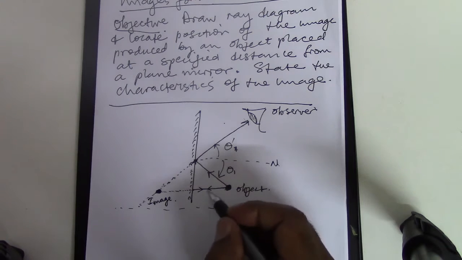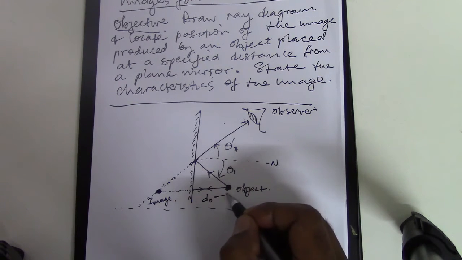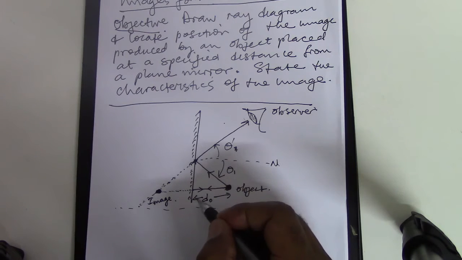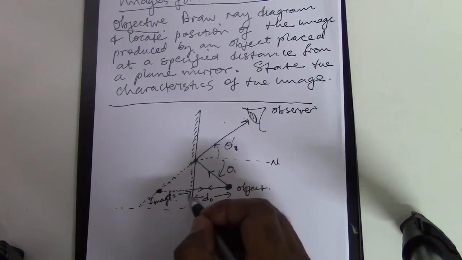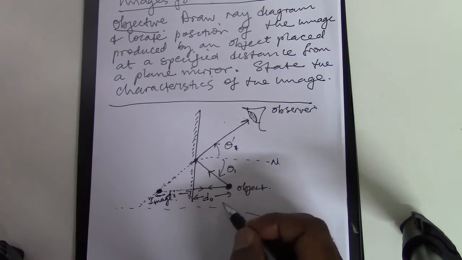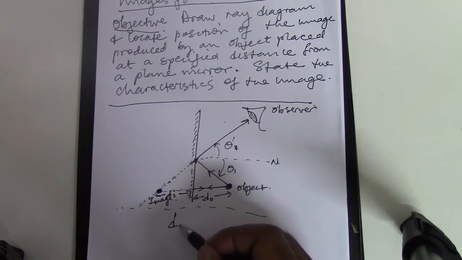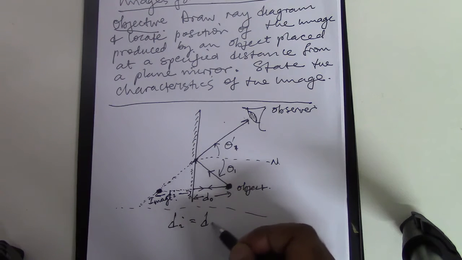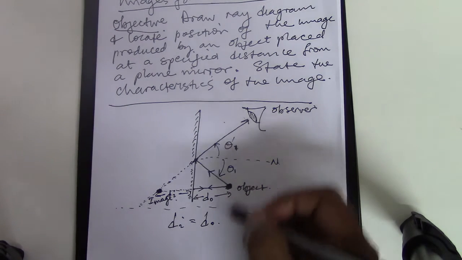Let's call this D naught, the object distance from the mirror, and this one DI, the image distance from the mirror. So you find that DI is equal to D naught in magnitude, of course.